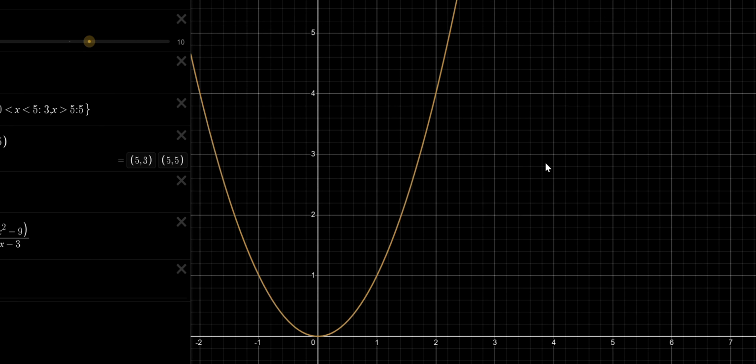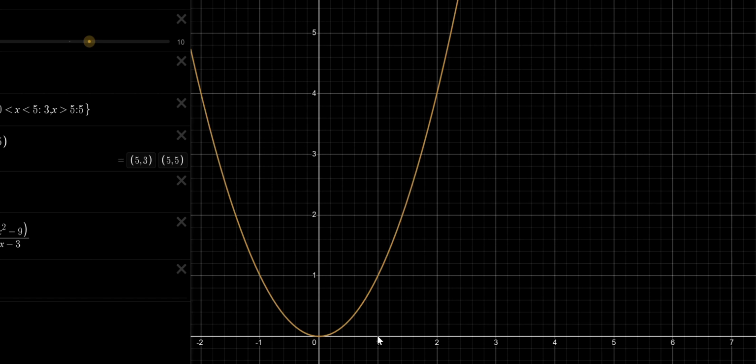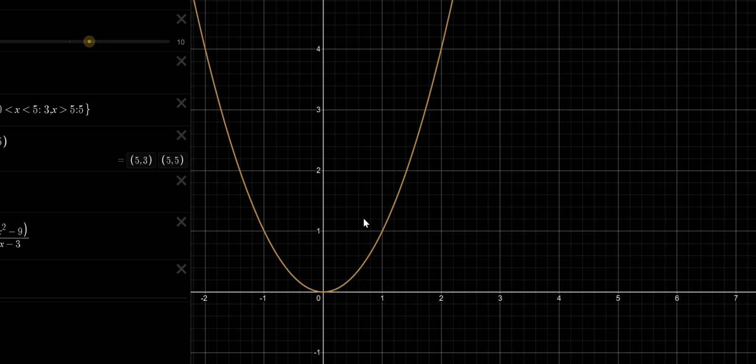So let's just throw something out there. Let's say we want the limit of x squared as x is approaching the x value of 1, which is right here. In order to do this, we have to make sure that we're approaching it from both sides.